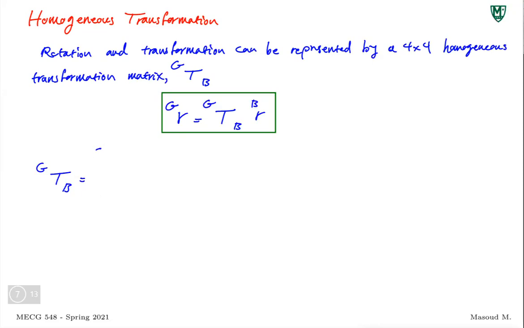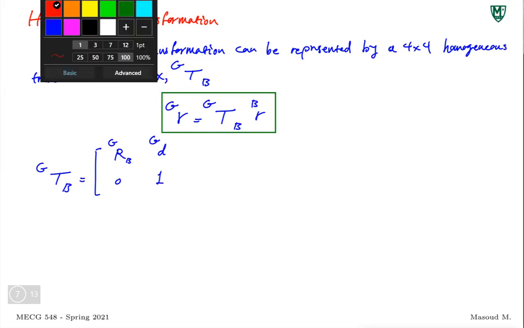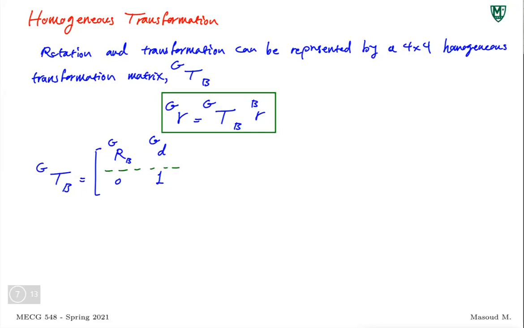This is a 4x4 matrix that has your rotation matrix, R_G, or we can use B here, rotation of local coordinate frame in global coordinate frame, then D_G, 0 and 1. If you divide this in this form, this one is a 3x3 matrix, this one is a 3x1 vector, and these are just single elements.